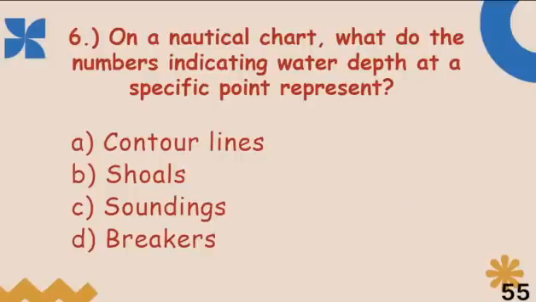Next, on a nautical chart, what do the numbers indicating water depth at a specific point represent? Is it A, contour lines? Is it B, shoals? Is it C, soundings?